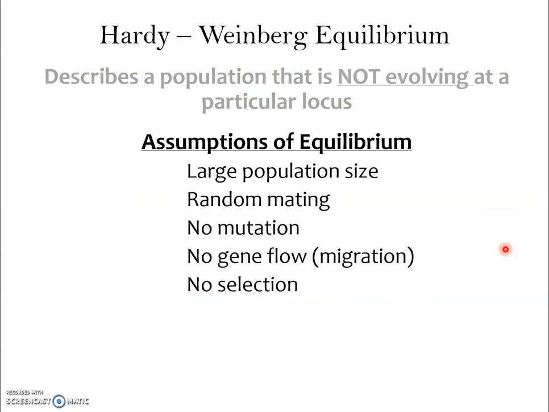These are our assumptions. We encountered these in lab. If a population meets all of these requirements, it's not evolving. We can lump together no mutation and no gene flow in that we're not introducing any new alleles.